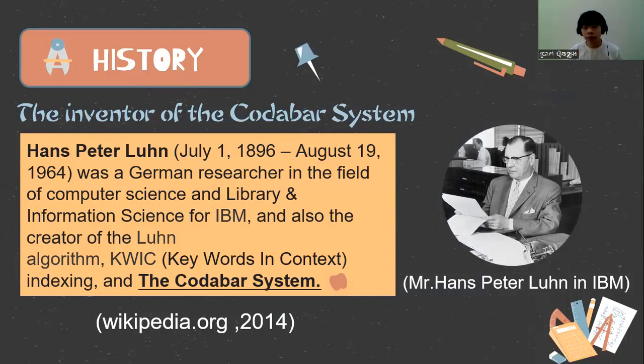He was a German researcher in the field of computer science and library and information science for IBM. He was also the creator of the Luhn algorithm, KWIC, also known as keywords in context, and indexing, and the Codabar system.